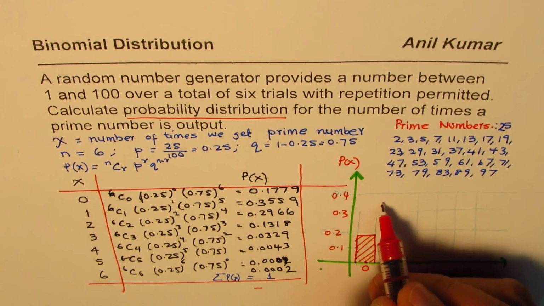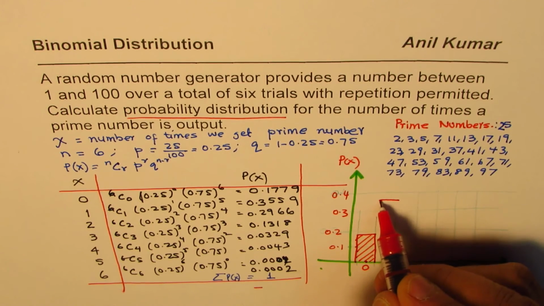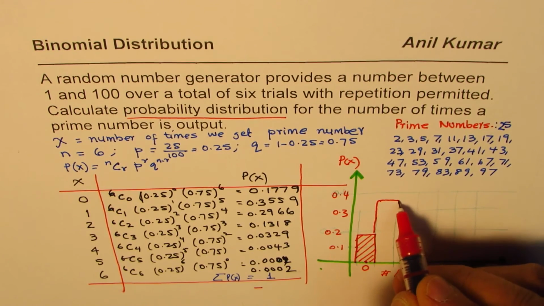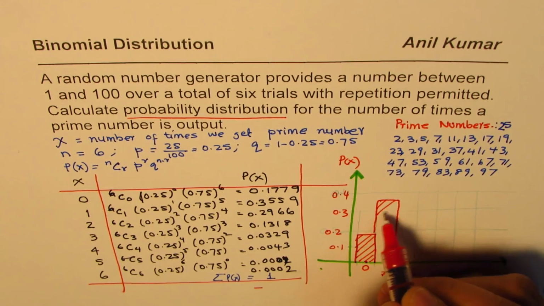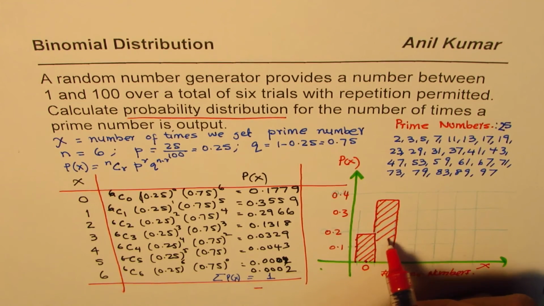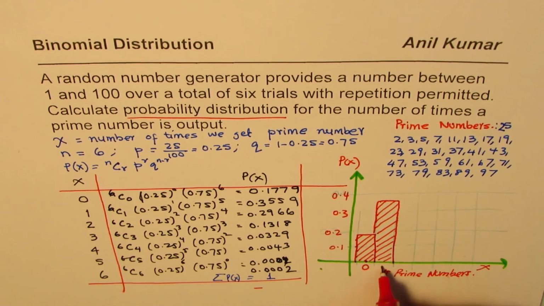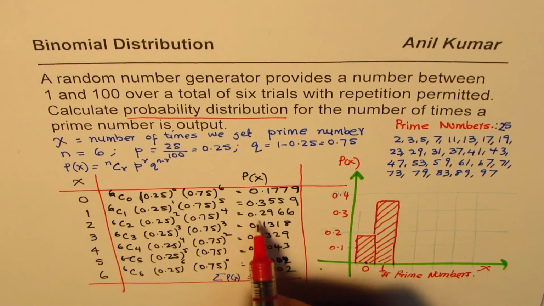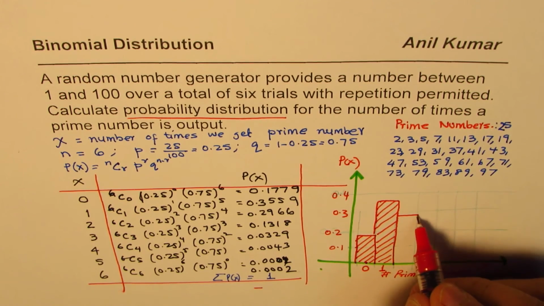Now 0.359 is kind of here, so we get a histogram. That is when it is 1. 0.29 is very close to 3, so we'll do this part here.